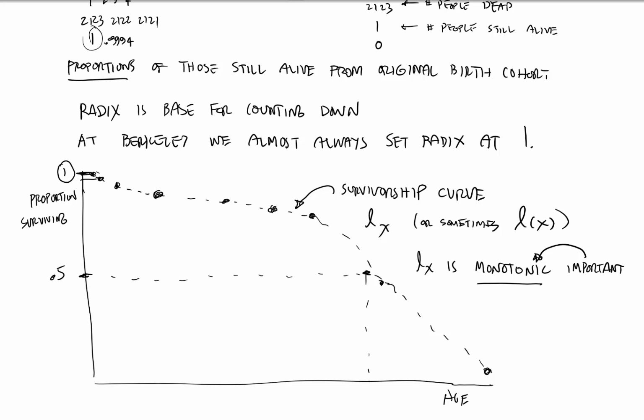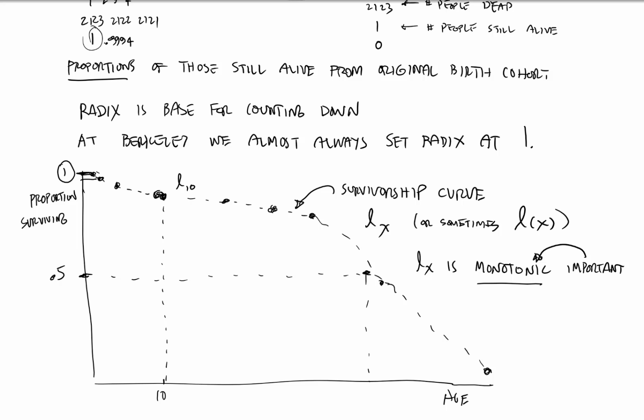If we took a vertical line, and suppose we have a specific age, say age 10, that number right there is L sub 10, and it tells us the proportion of the population still alive at age 10, that is the survivorship to age 10.